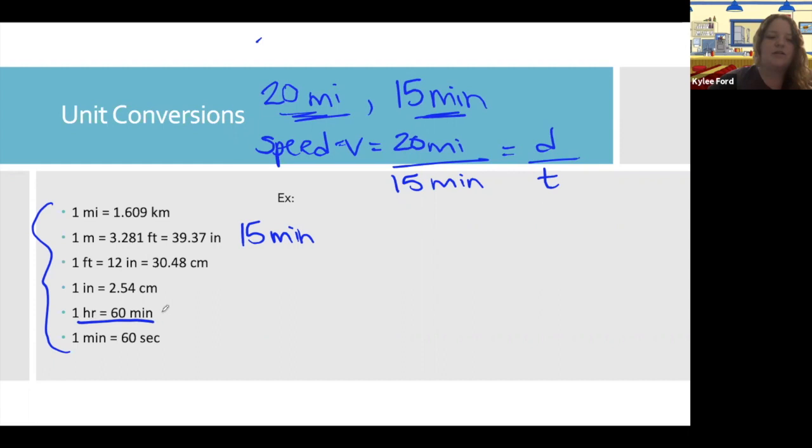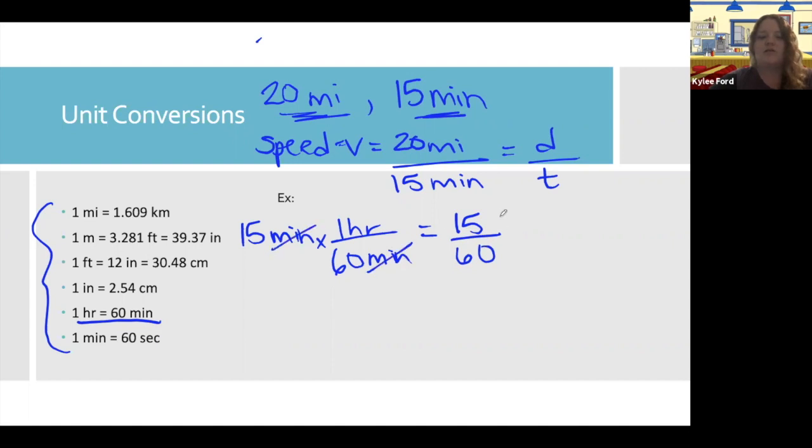So I'm gonna see right here that for 1 hour, there are 60 minutes. Okay, so what I will do now is multiply across the top. So I get 15, divided by the bottom, 60, okay? And our minutes cross out and we are left with hours.